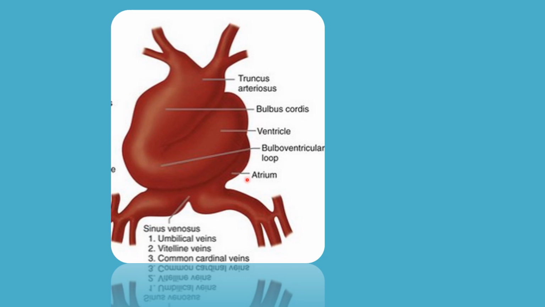This atrial chamber grows transversely and lies between the pharynx and the bulbus cordis. Because it is pressed by the pharynx and the bulbus cordis, the primitive atrium develops a transverse growth. The sinus venosus occupies a position dorsal to the primitive atrium and is shifted cranially from the septum transversum.